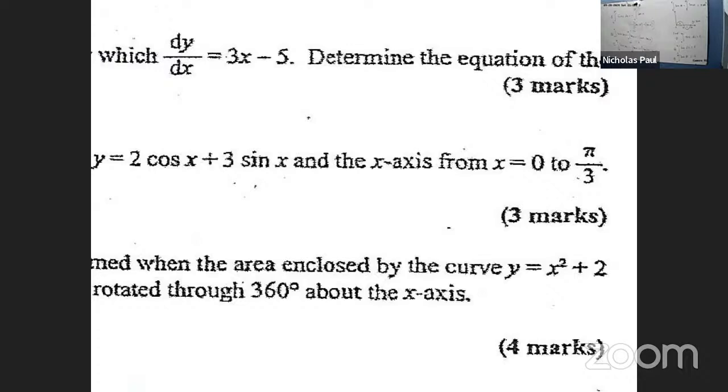Leave a little space, you can finish it up. Y is 2 cos x plus 3 sin x, the x-axis between 0 and pi on 3.